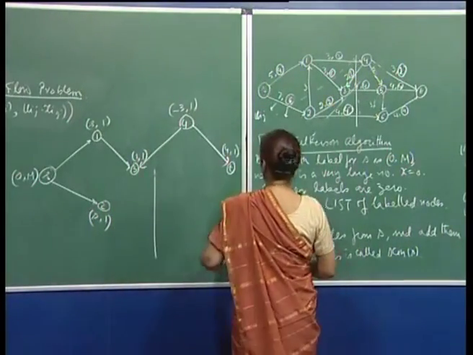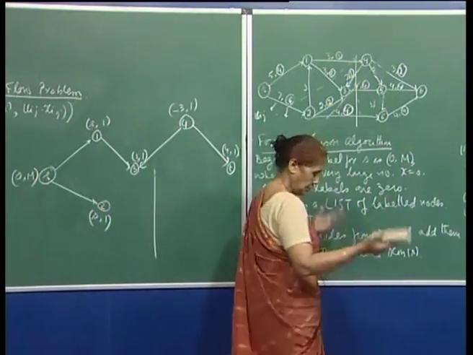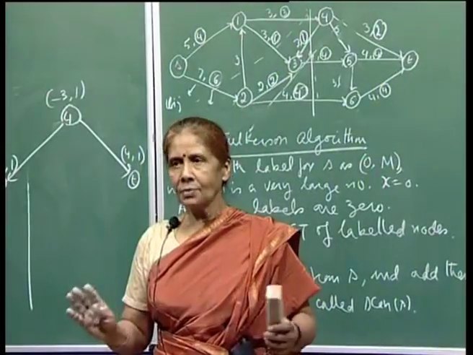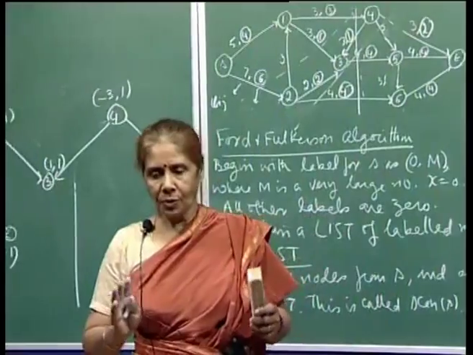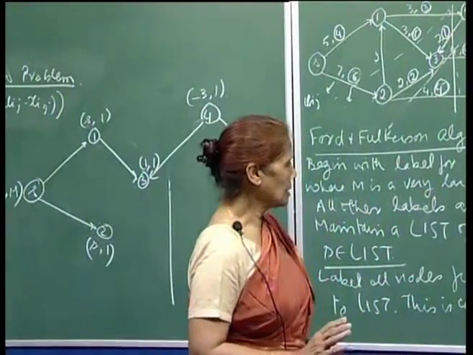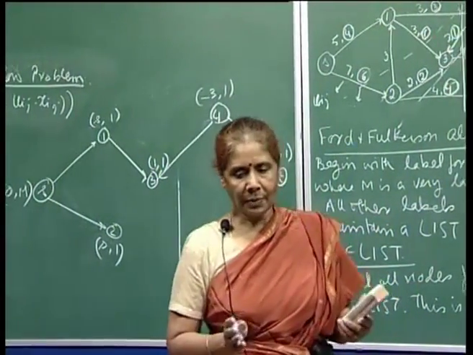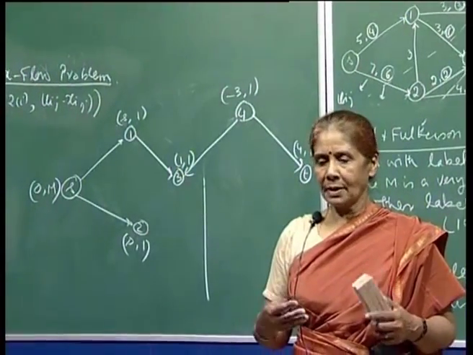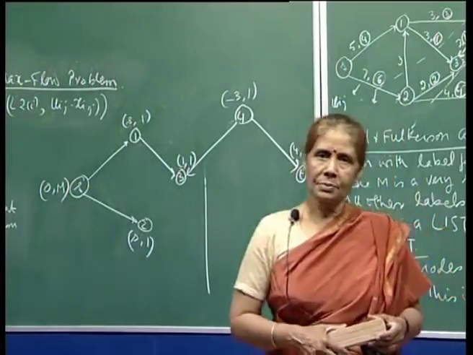After this, once you augment the flow and cannot label the nodes anymore, the labeled nodes will form S and the others S bar, and they will form the cut for which the capacity will be equal to the flow in the network. Okay.